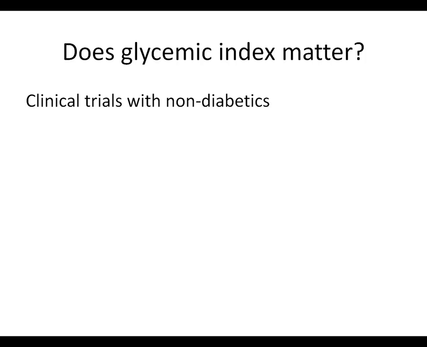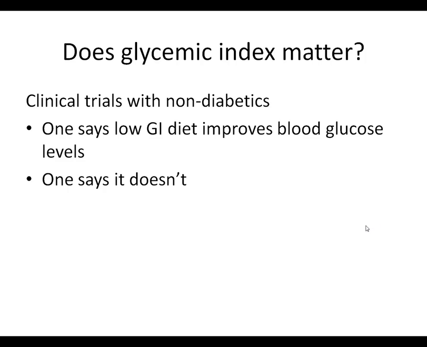And in the clinical trials, one of the categories they wanted to look at was people who don't have diabetes. If you give them a diet where you ask them to focus on glycemic index, can you prevent diabetes, or actually lower blood glucose?